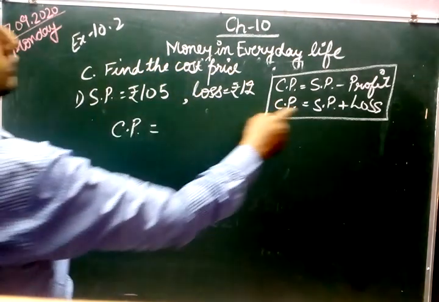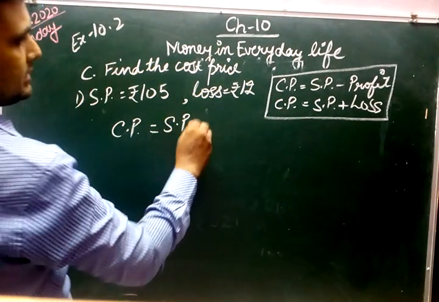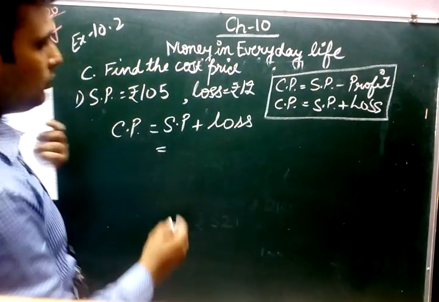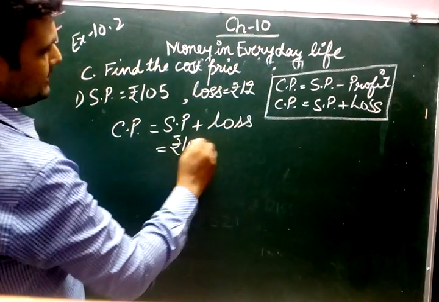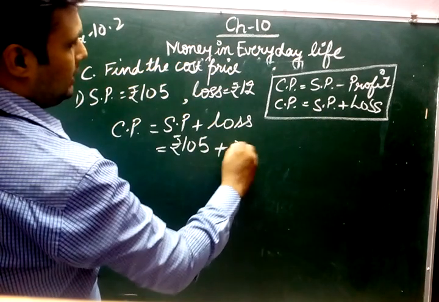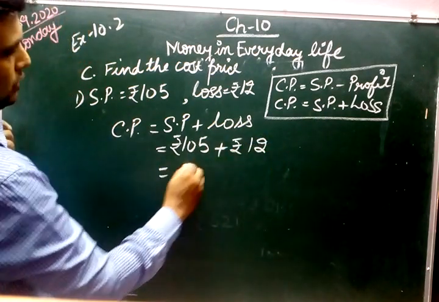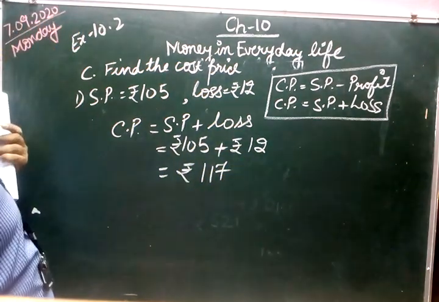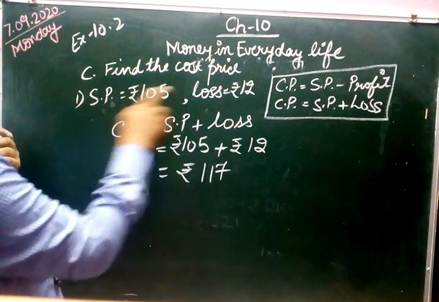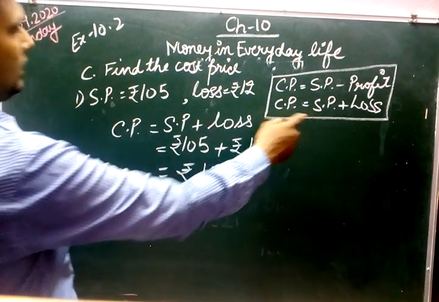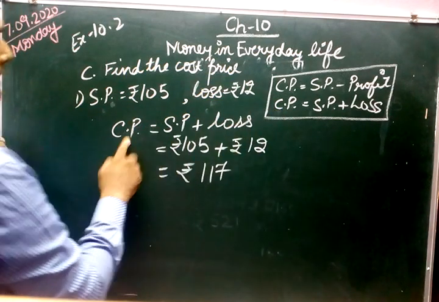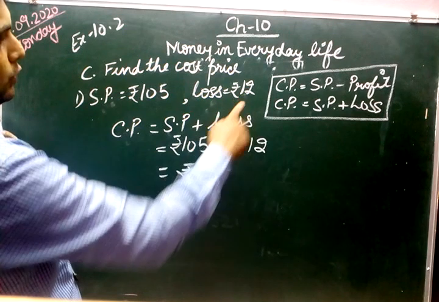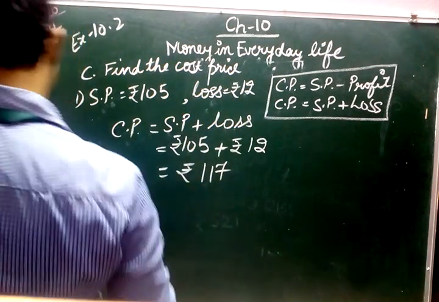Selling price and loss are there, so we use the formula cost price equals selling price plus loss. 105 rupees plus loss 12 rupees. 105 plus 12 is 117. When we add, we get 117.